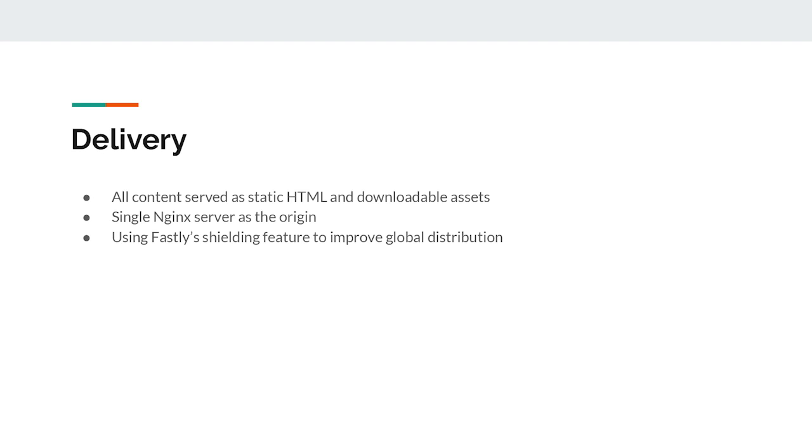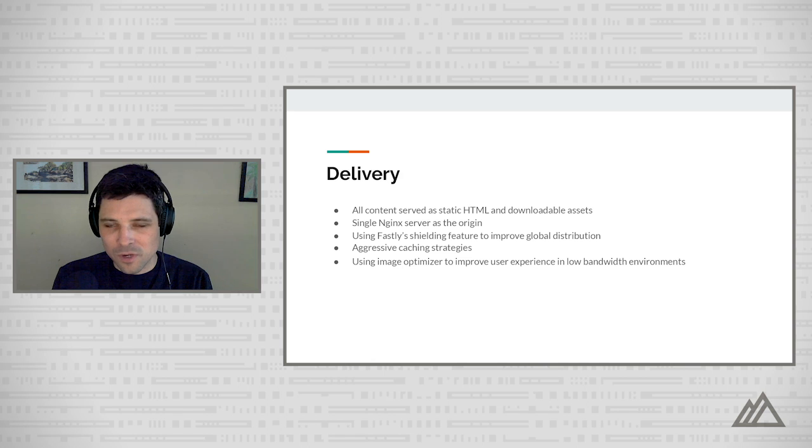We've also been using aggressive caching strategies so that content is long-lived and will only be retired once we publish a new version. We've also been able to take advantage of the image optimizer capability so that images are significantly reduced in size.